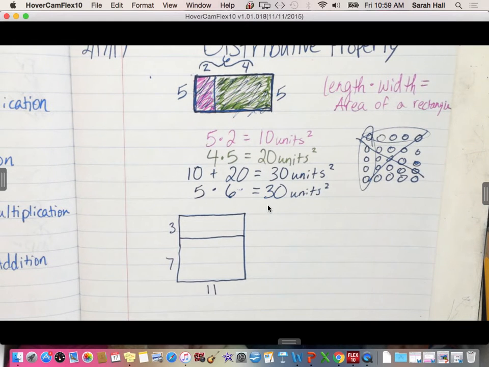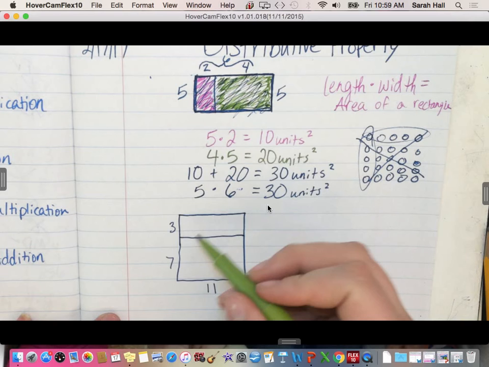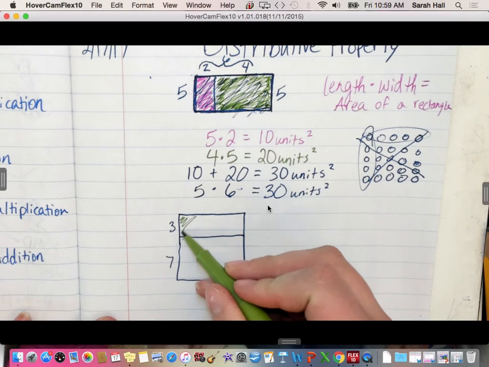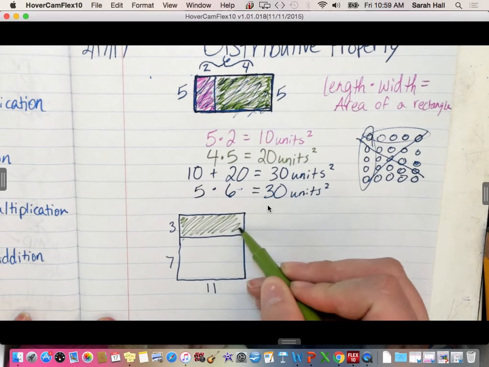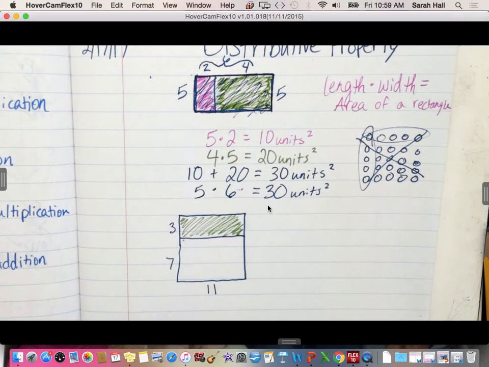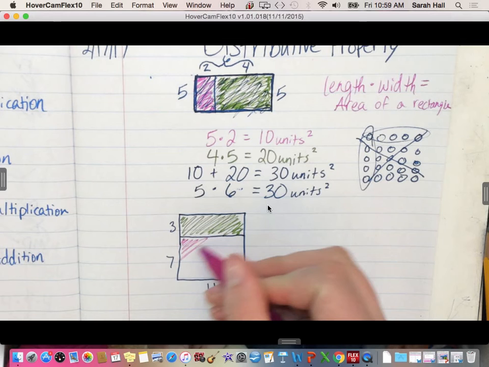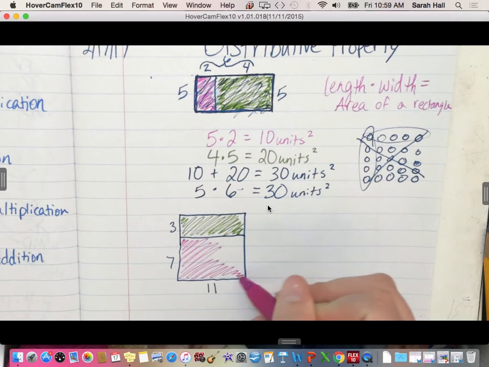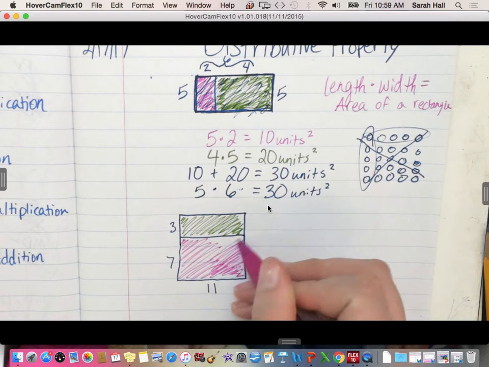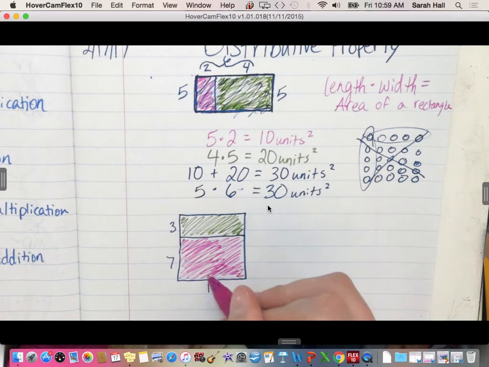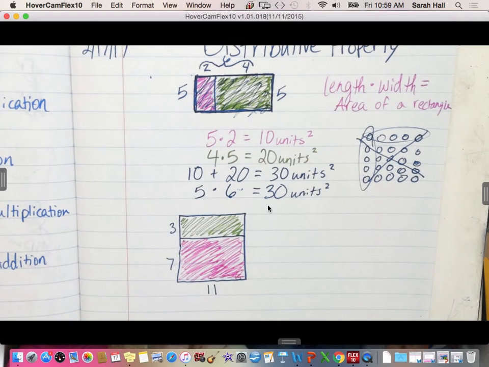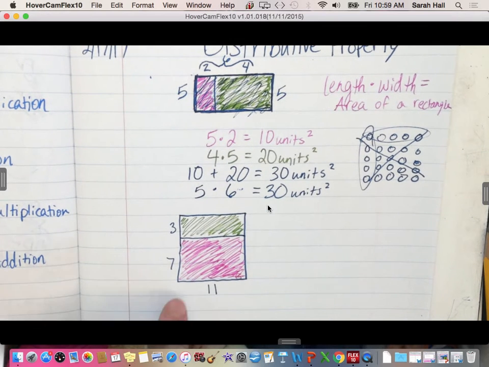So I have two different rectangles here. I have this one and this one. How do I find the area of this pink rectangle?